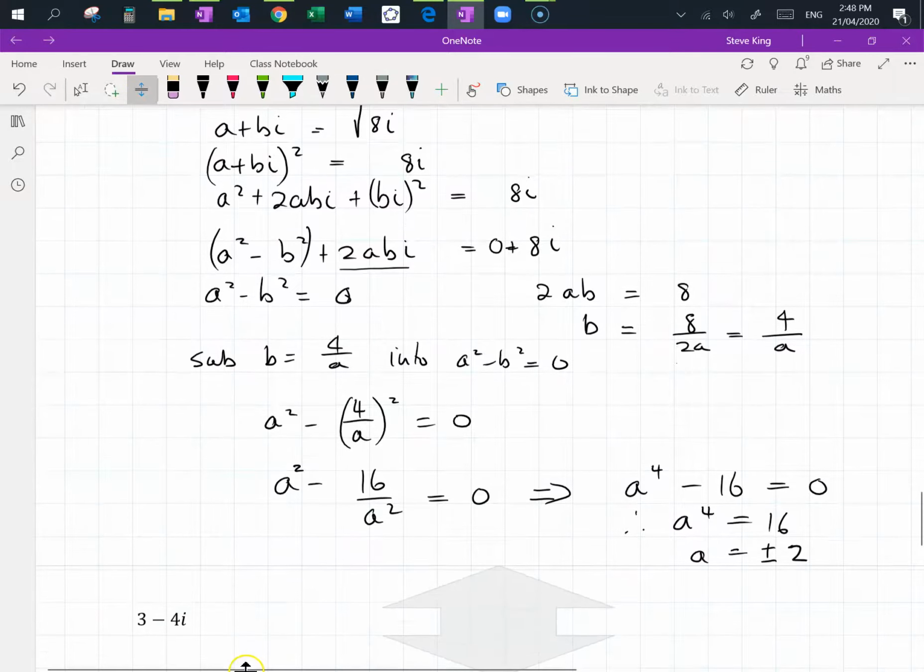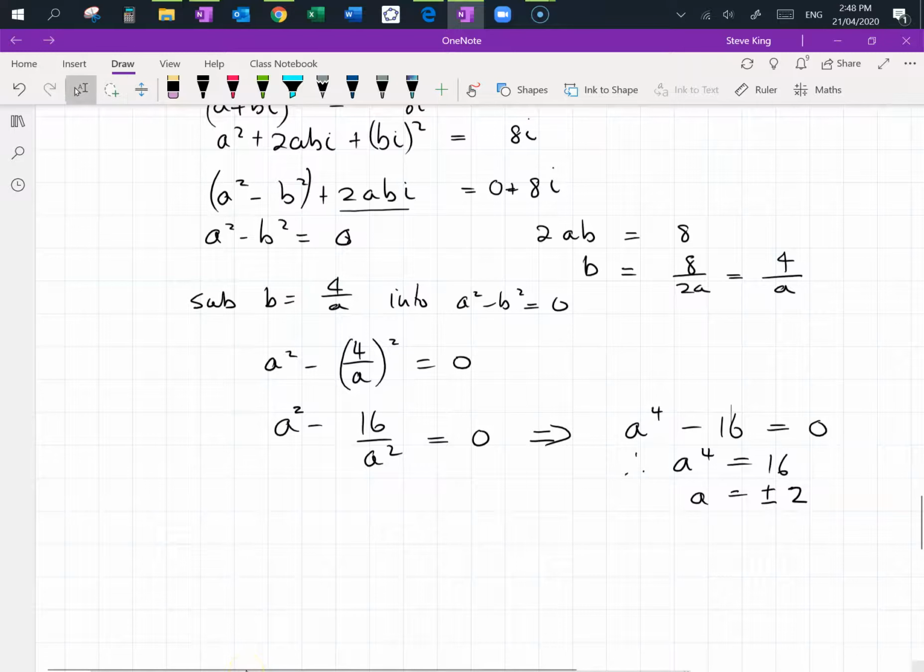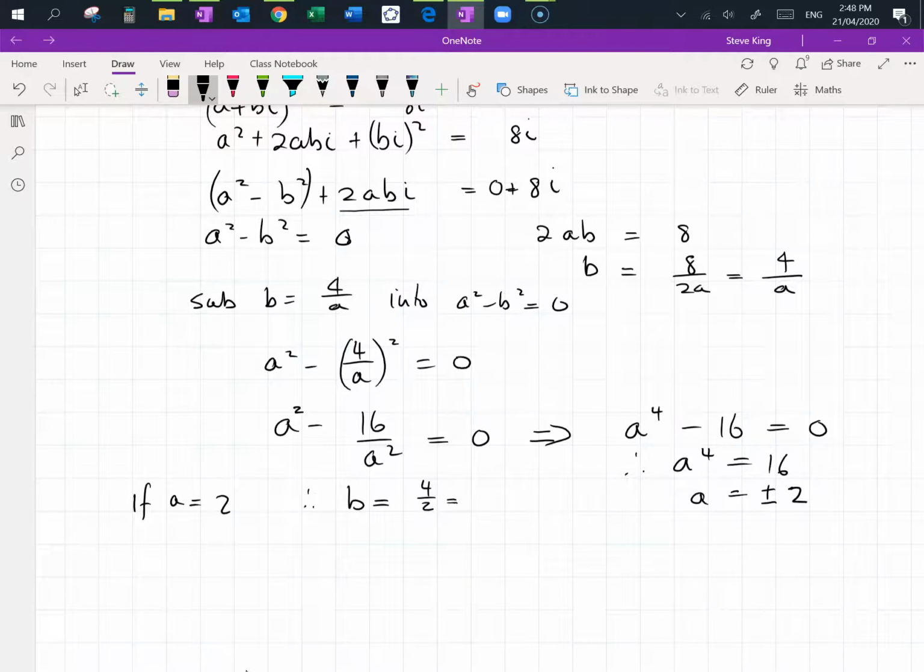So, giving myself a bit more room over here, I can now go back and say, right, if a is equal to positive 2, then b is going to be 4 over 2, which is 2. If a is equal to negative 2, then b is going to be 4 over negative 2, which is negative 2. And that means I have my two roots.